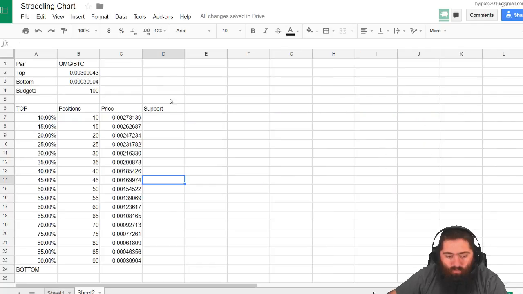So if you have your 45 on straddling and the price goes up, then in your straddling chart you will sell your 5 positions here.